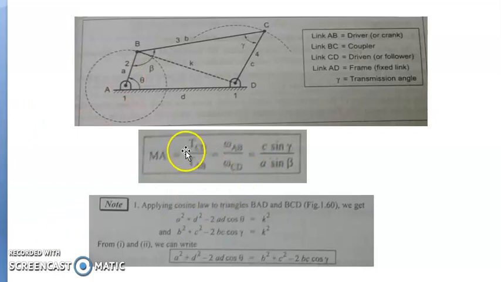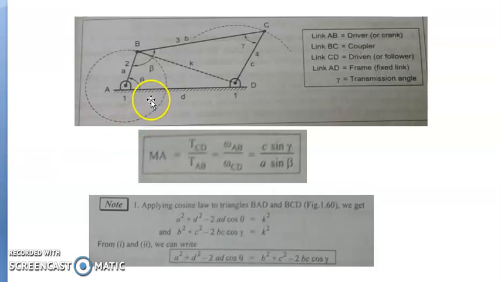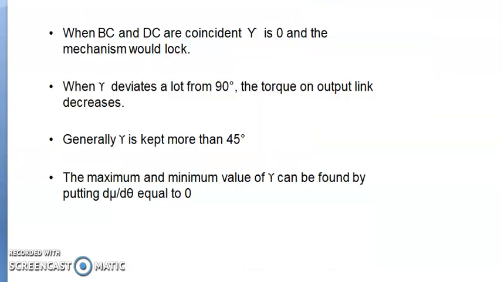Here you can see that the torque depends upon the transmission angle gamma. If in this mechanism BC and DC are in a straight line, that is, coincident, then gamma will become 0 and the mechanism will just lock.